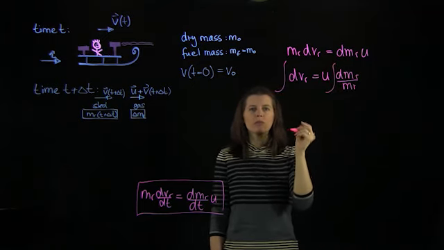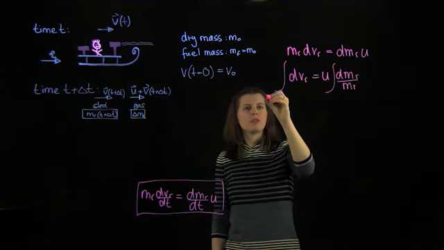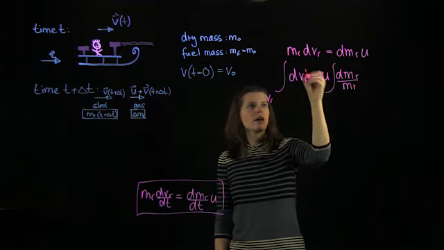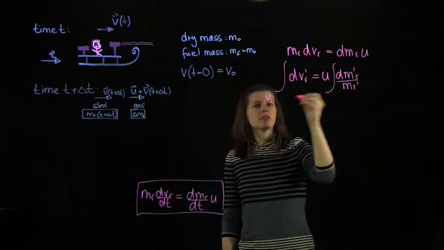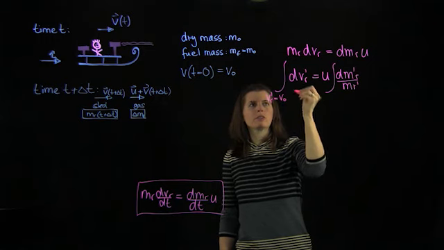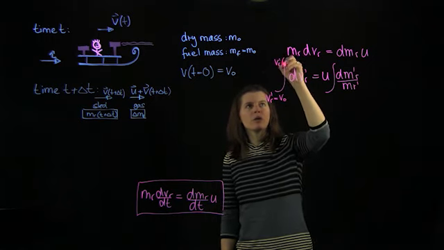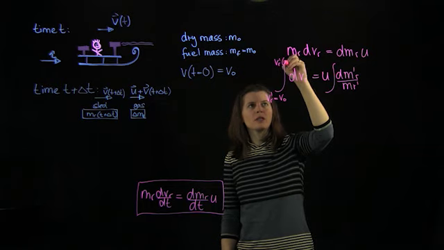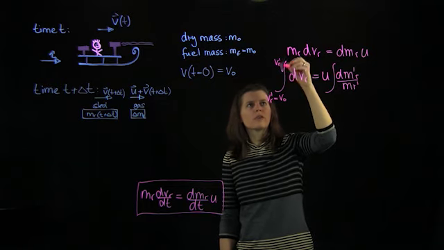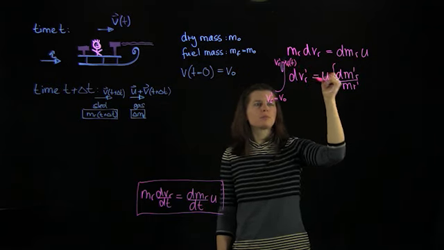And the tricky bit is that we need to take care of the integration limits here. We have v_r, and actually these now are all primes. So we have v_r going from v_0, that is our initial condition here, to v_r prime equal v_r of t.